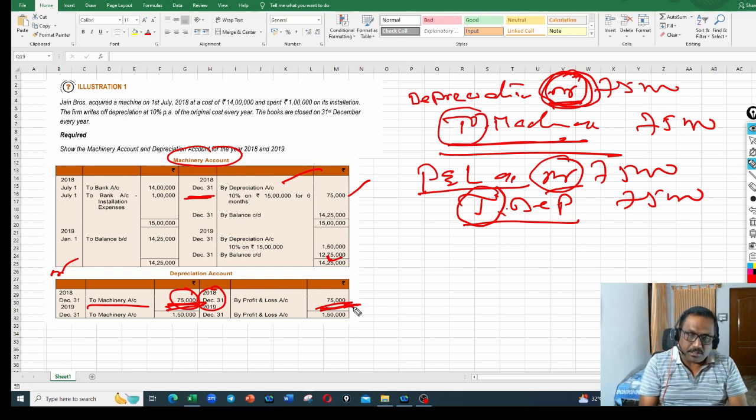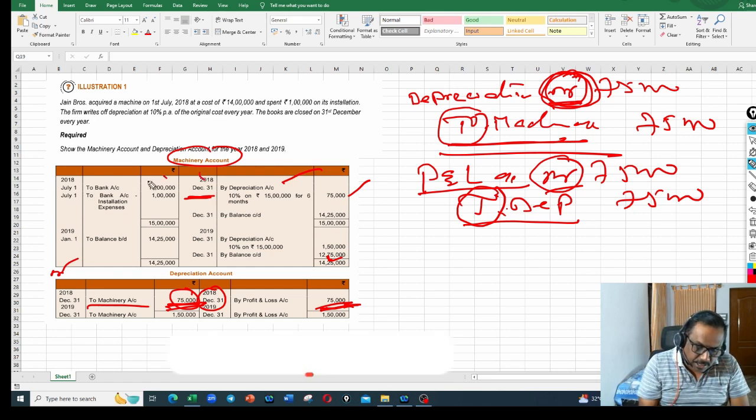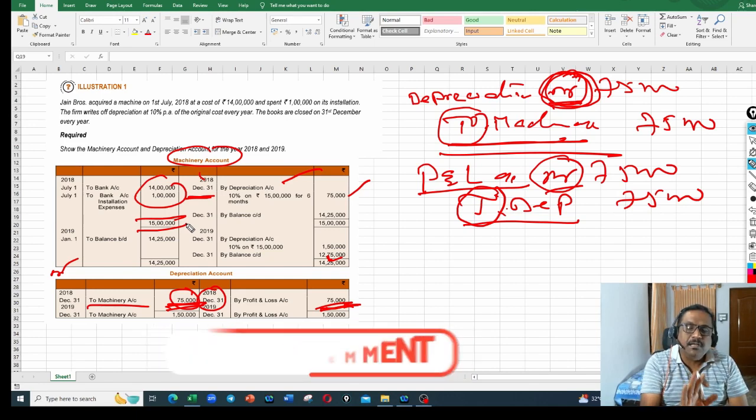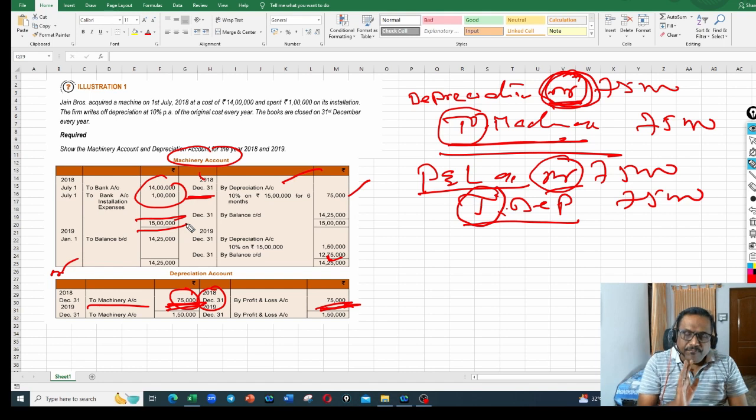In the books, the depreciation account has been closed, balanced, I can say. Machinery account we balance. On the machinery account debit side, what is the total? 15 lakhs. Why are we balancing now? Because 31st December is the year end close. Every year end we need to balance our ledger and ensure that balances are carried forward to next year.